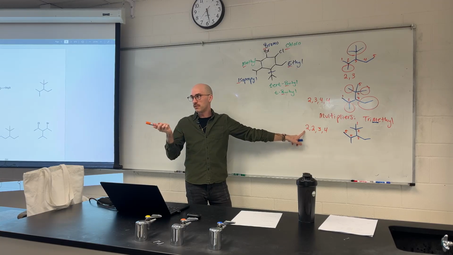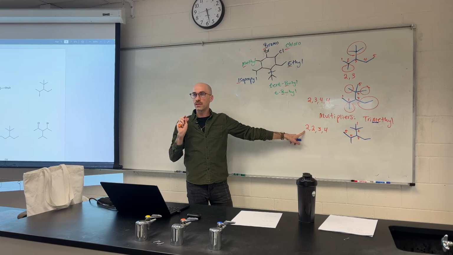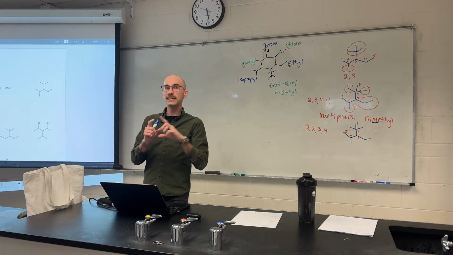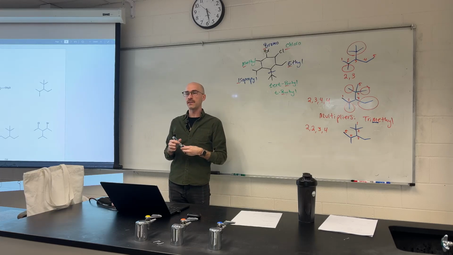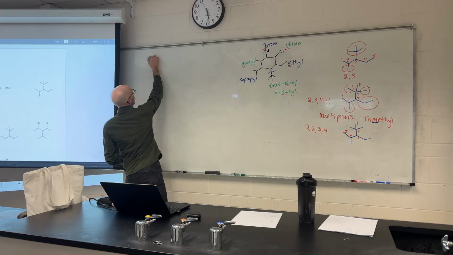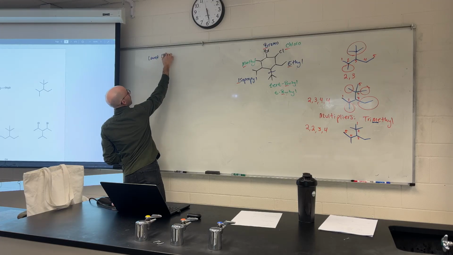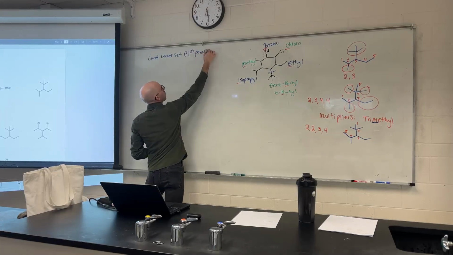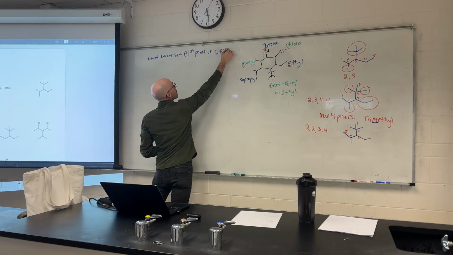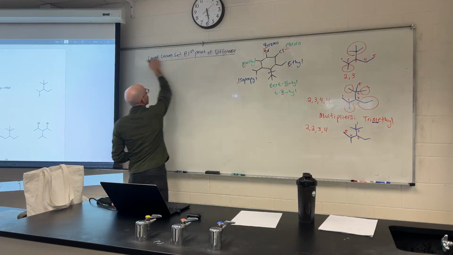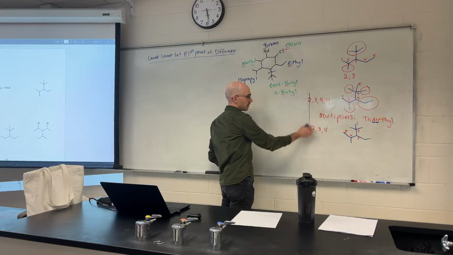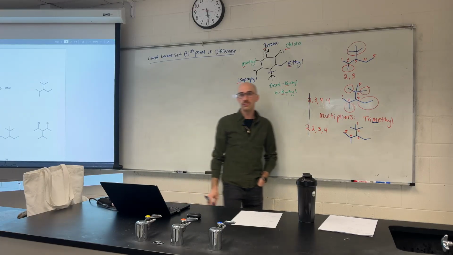The locant set that we use, do you know it already? We go with the lowest locant set. And that does not mean adding together the numbers and seeing which one has the lowest value. We go with the lowest locant set at the first point of difference. Okay, so the lowest point of difference, well, between these 2 sets, the first point is 2.